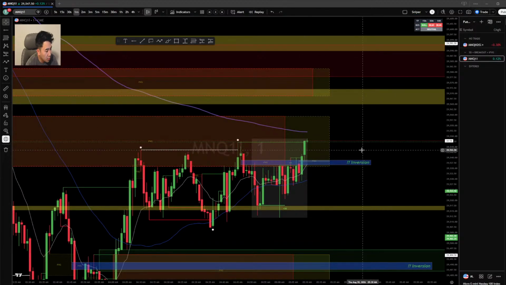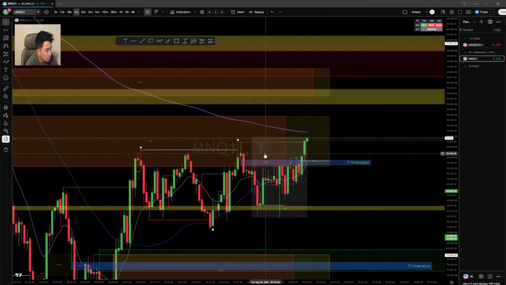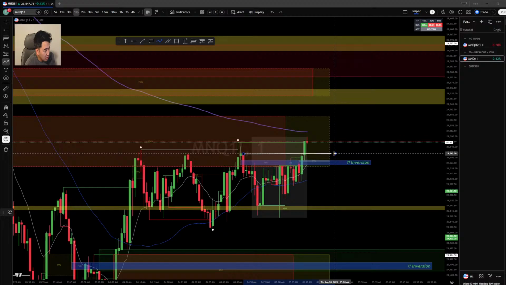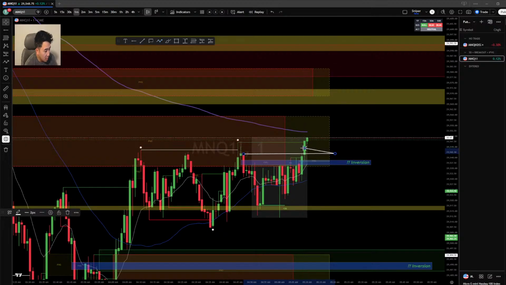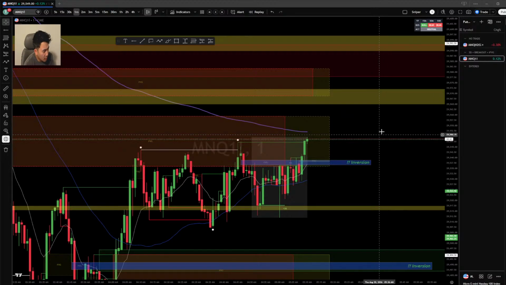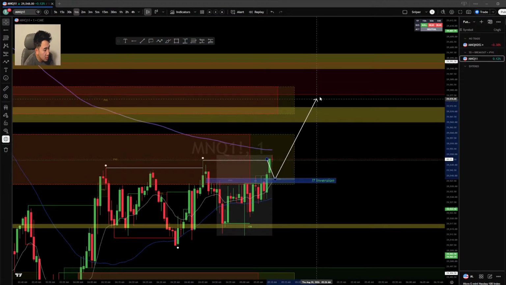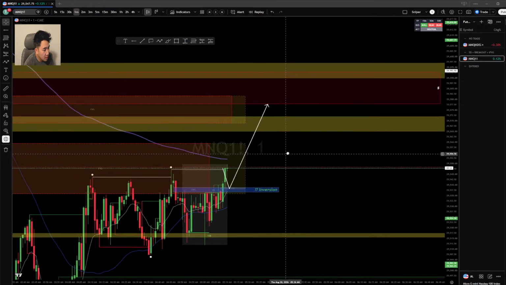So we get a pullback. That's a good close over this candle body high, this candle body high right here, close over it with that green candle. All right, so we're looking for a pullback right here, and then we'll look for longs to this 5 minute gap.